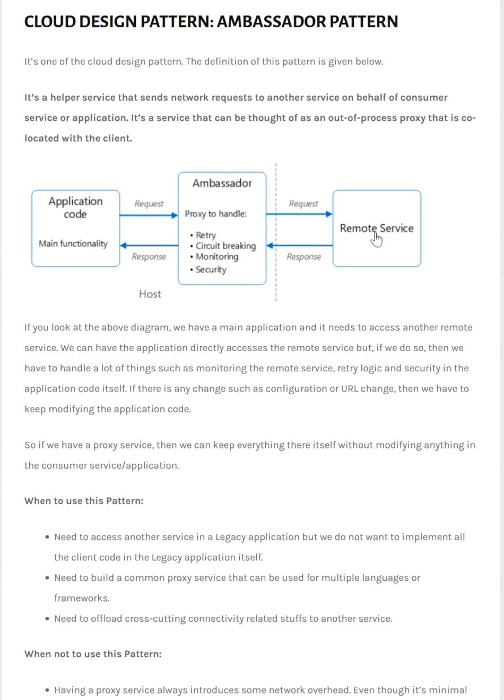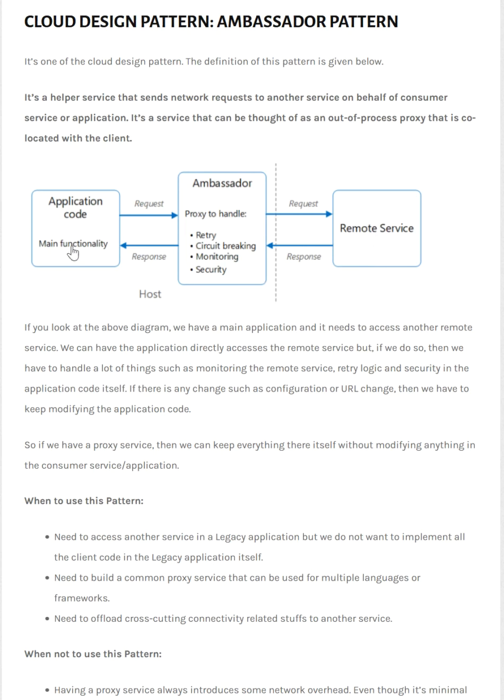If you look at this diagram here, we have our main applications and we have our remote service, and this ambassador pattern says that you can have a proxy service to access this remote service. Why do we need this?